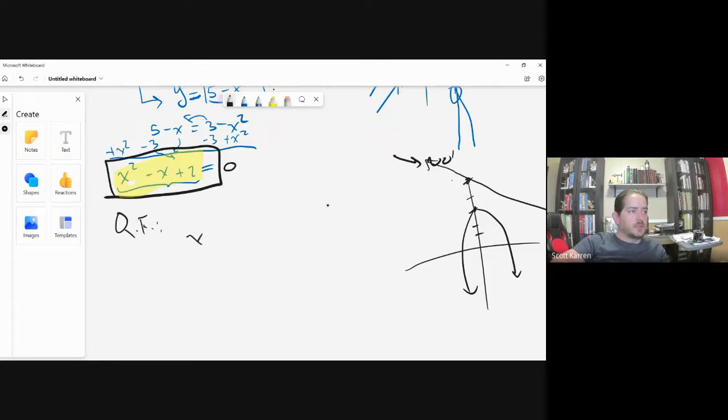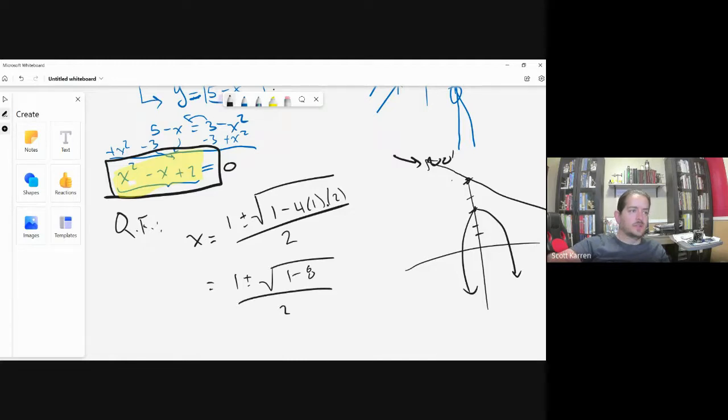that is x equals negative b. B is -1, so negative b is +1, plus or minus the square root of b squared. So -1 squared is 1, minus 4 times a times c, all over 2a. But I get 1 plus or minus the square root of 1 minus 8, all over 2.